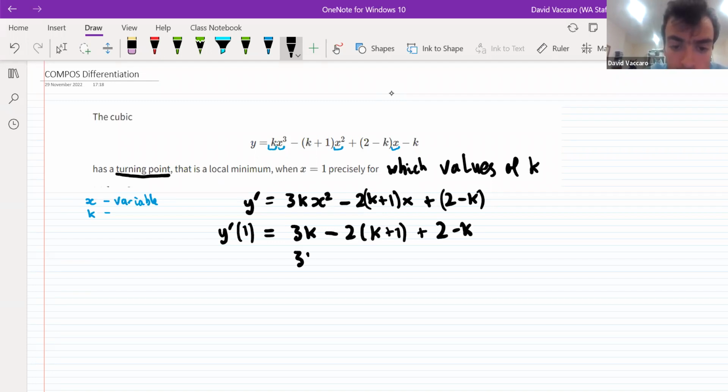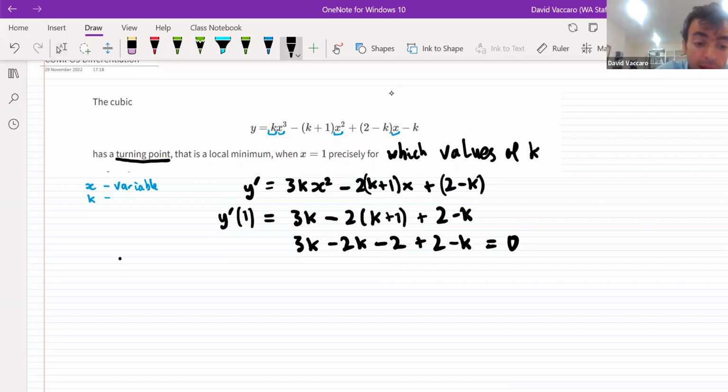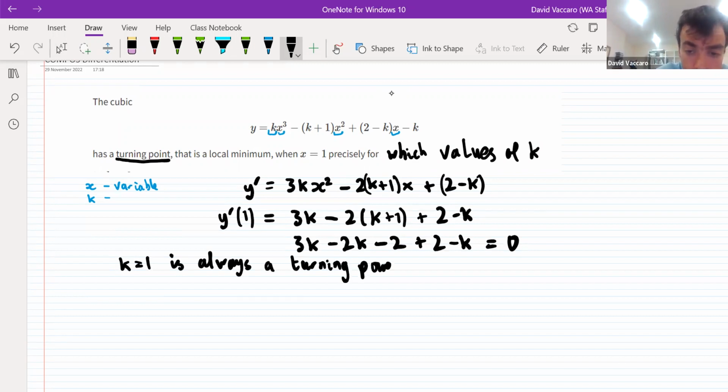And if we simplify, we get 3k minus 2k subtract 2 plus 2 subtract k, which is equal to 0. So we get the first kind of surprise. So x equals 1 is always a turning point, for every k.